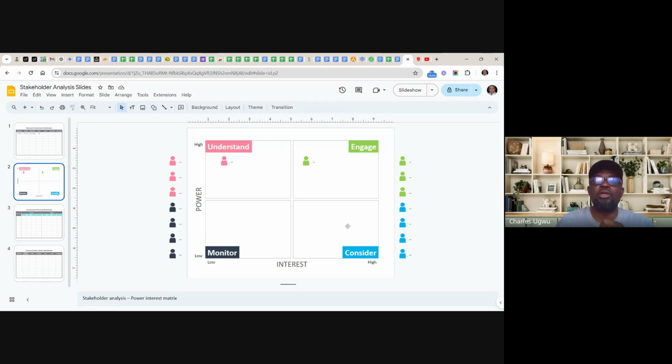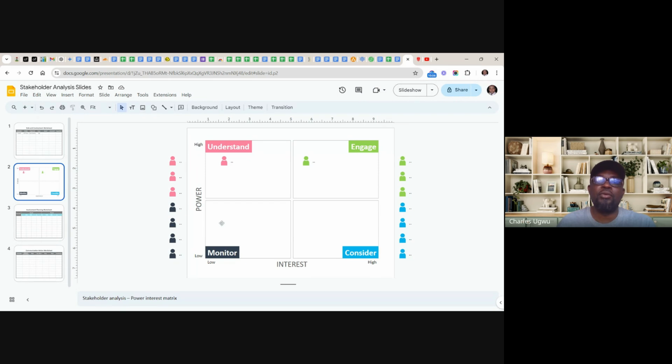Then we come down to the lower people here, the low-powered people. Everybody in the lower block is low-powered. They are stakeholders, but they don't have any power to stop that project. But they can do something that can hurt the project in a way if you don't monitor them. Just because they don't have power doesn't mean that you will not monitor them.